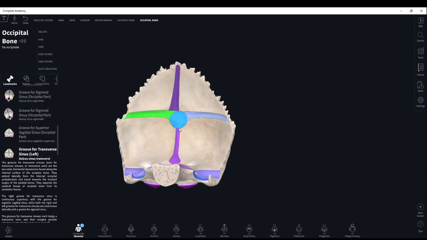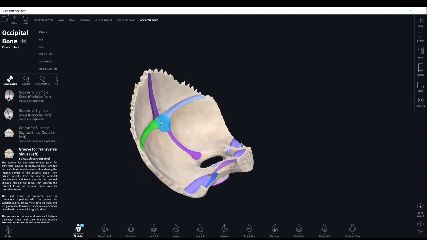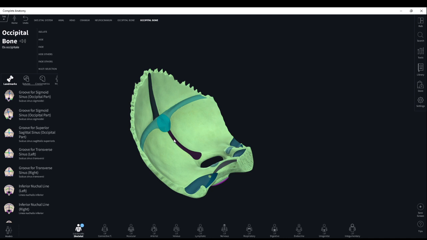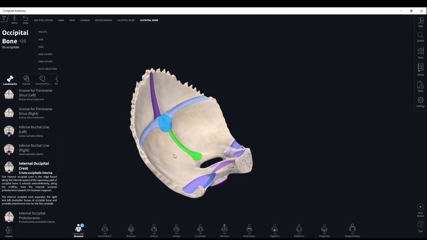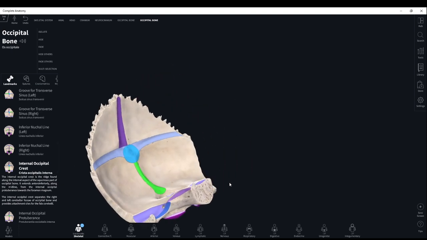Directed downward from the eminence is the internal occipital crest.